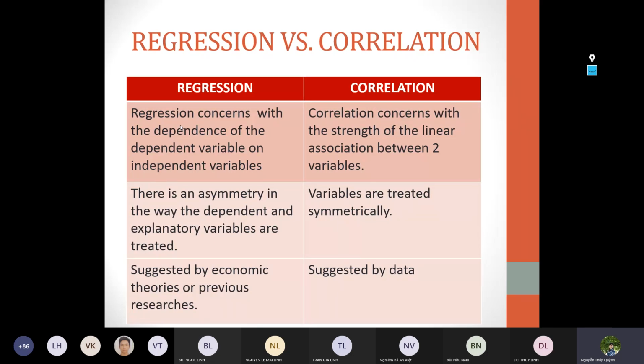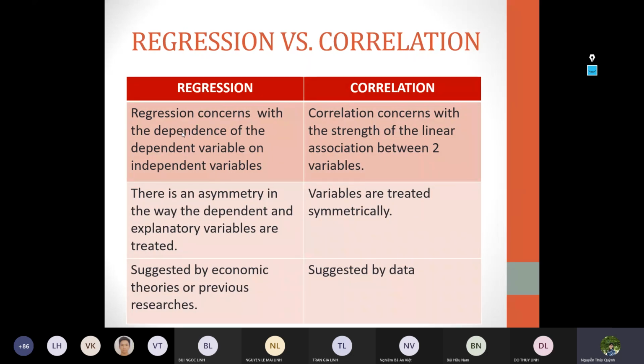In correlation analysis, we do not say that X has an effect on Y or Y has an effect on X. But with regression analysis, we want to show whether X affects the value of Y. In correlation, we do not say that X affects Y or Y affects X, but in regression analysis, we want to prove whether X has an impact on Y.